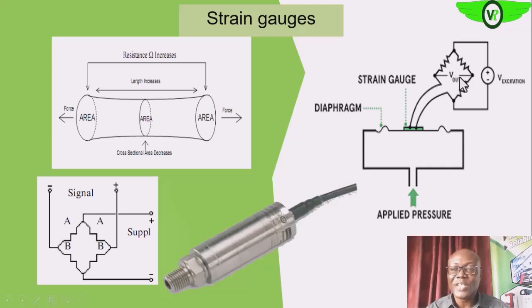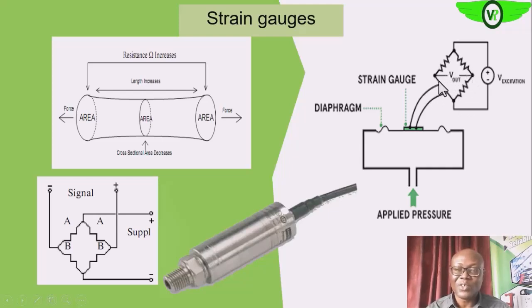Okay, so you see that it is calibrated such that all of these resistance selections are done such that the output from here is zero when you have your normal supply voltage, which is this excitation voltage, as you can see here. Okay, so once it is stretched, you see that the balance on the Wheatstone bridge will be affected.